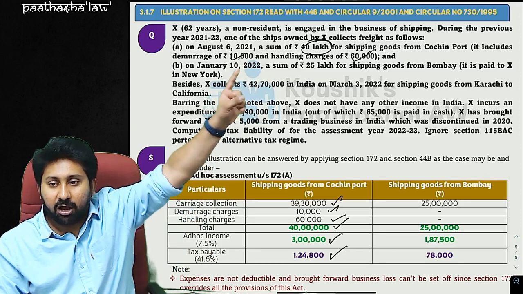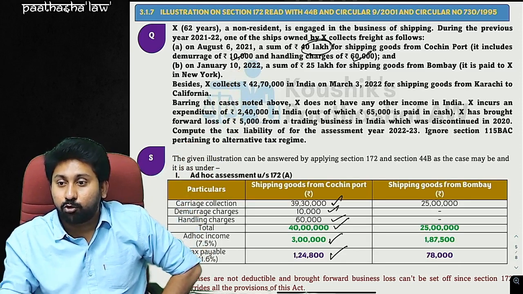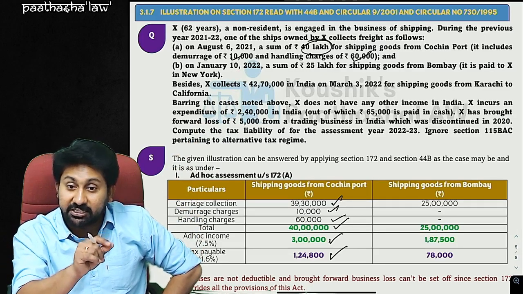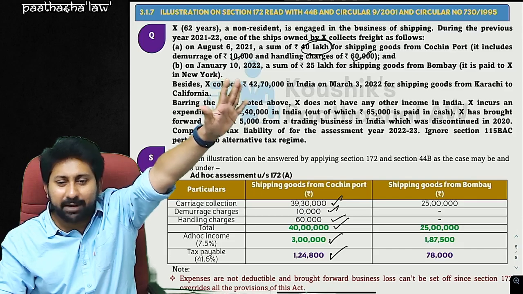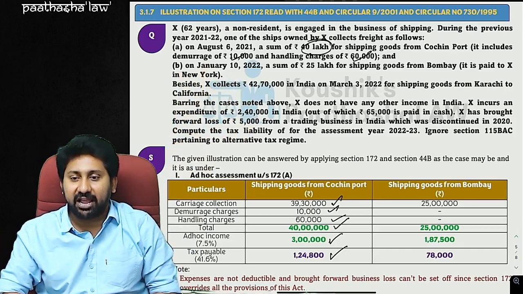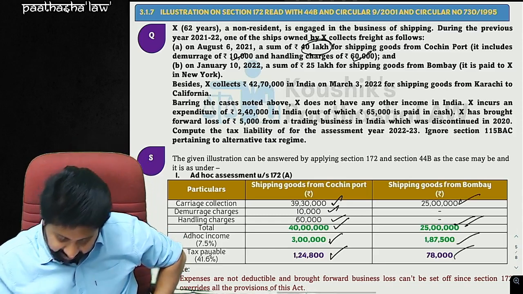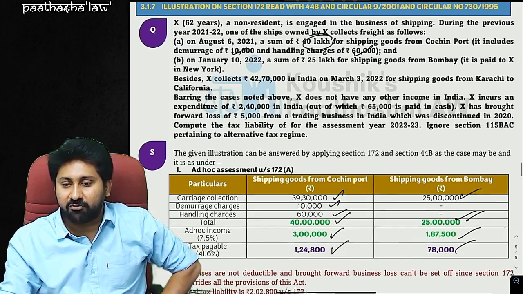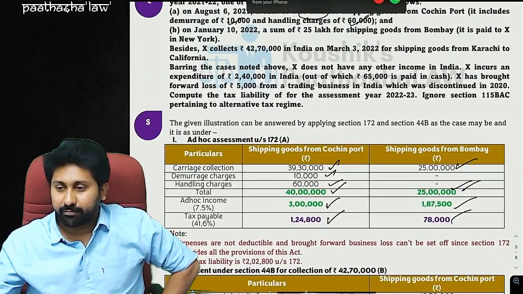Next, on January 10th, 2022, a sum of 25 lakh for goods shipped from Mumbai. It is paid to Mr. X in New York. Whether you pay to his agent or pay to me is irrelevant. 172 will apply if the goods are shipped in India. Shipped or not? Yes. How much? 25 lakh.